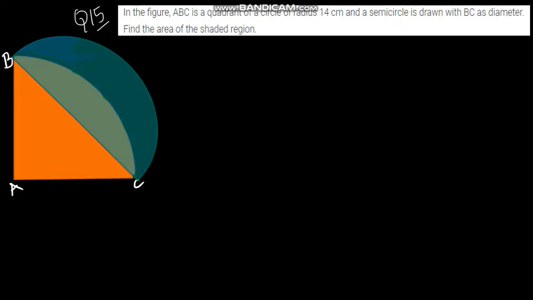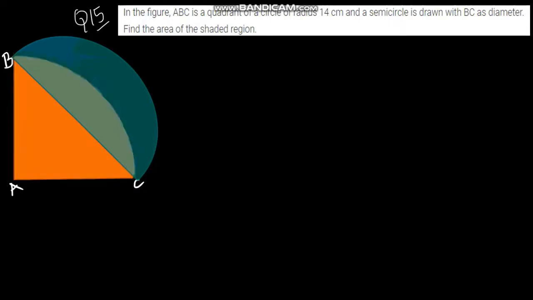Now see here, this is the quadrant of a circle.